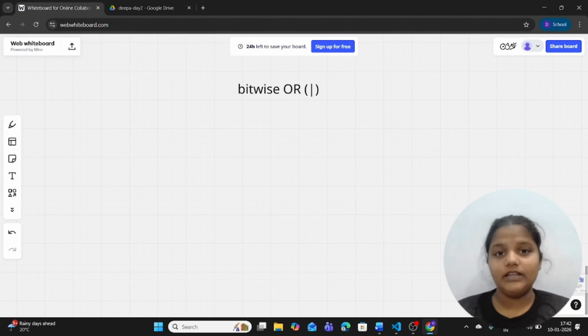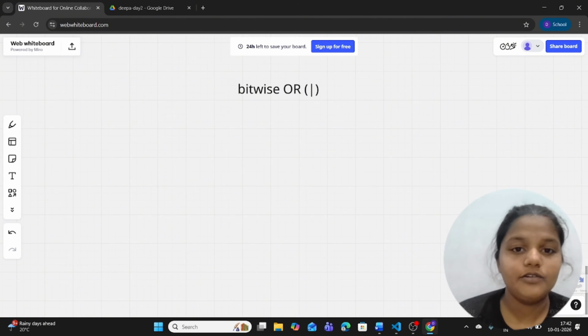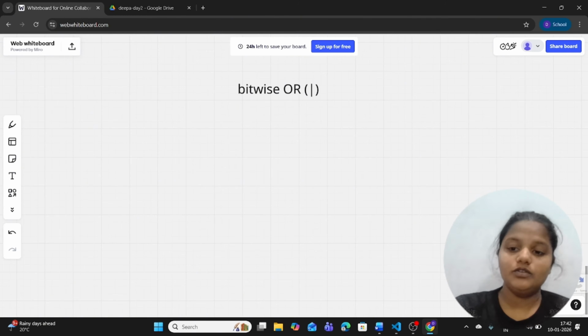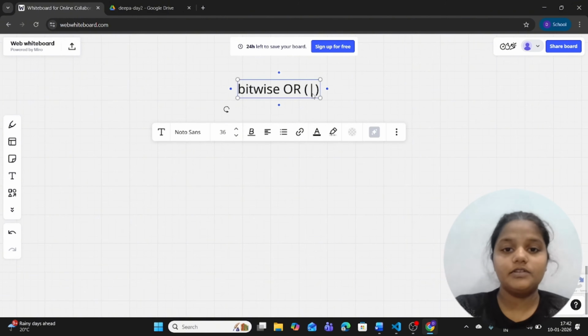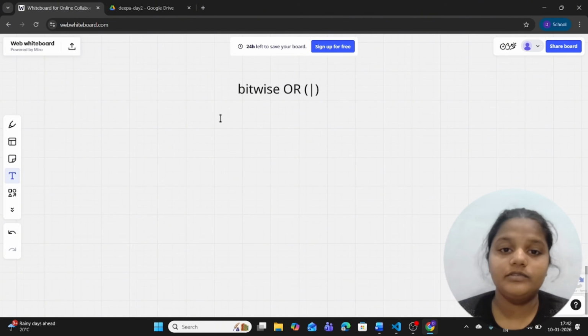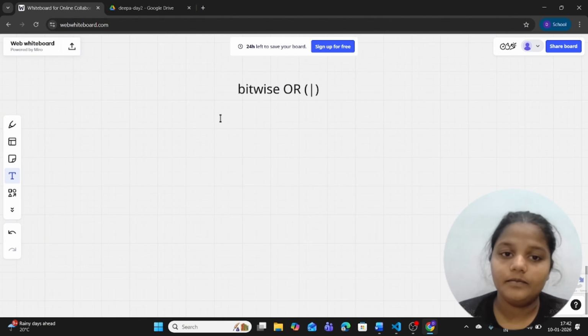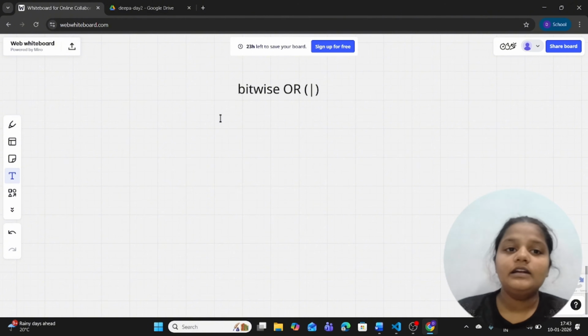Now I hope you understood the AND operator. Now we are going to see the bitwise OR operator. This is the symbol of the bitwise OR operator. First we want to know what the bitwise OR operator is. OR gate means what? If one condition is true, then the output will be true. Even if a single bit is 1, the output bit will be 1.